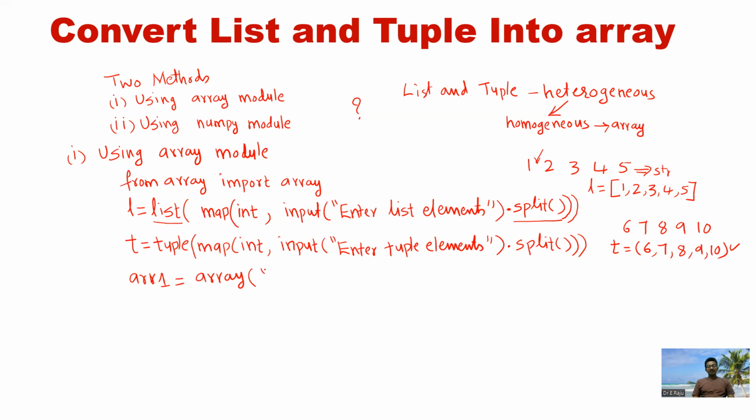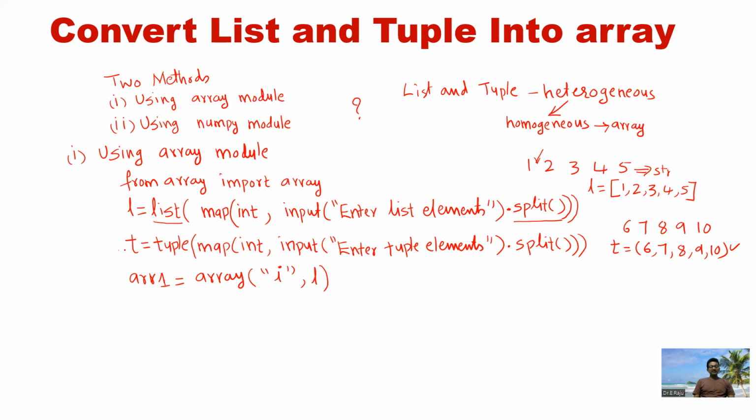The first argument should be the letter i, which indicates that the elements should be of integer type. The second argument is the list which you want to convert into an array. This array method converts this list of integers into an array and stores it into a variable called array1.